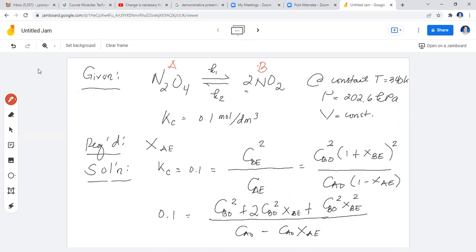Or do you have B initially present? What about you, Yuhan, do we have B initially present? I think Miss, wala, Miss. Why do you think we don't have B initially present? Product B, and that is our nitrogen dioxide.